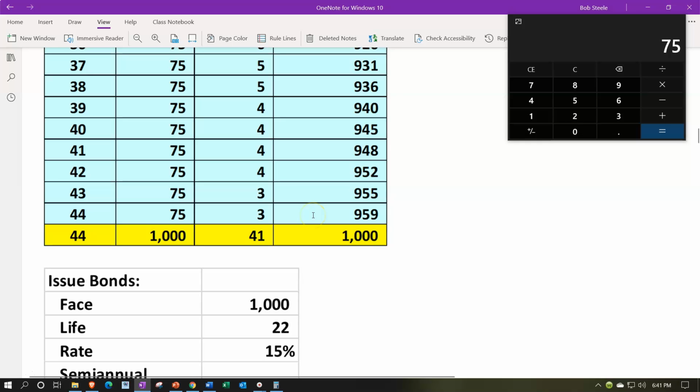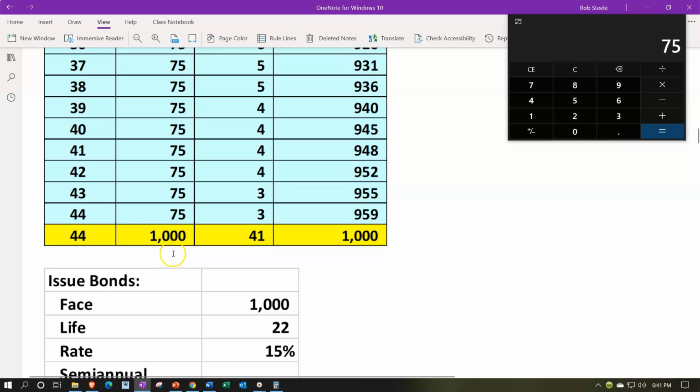So there's the 959. Now we could tack on one more item at the 44 periods out, which would be the present value of 1. The face amount that would be paid at the maturity, bringing that all the way back, would be $41, plus the $959 would give us the answer, which would be the 1,000. These two 1,000 aren't coming from the same area here, right?